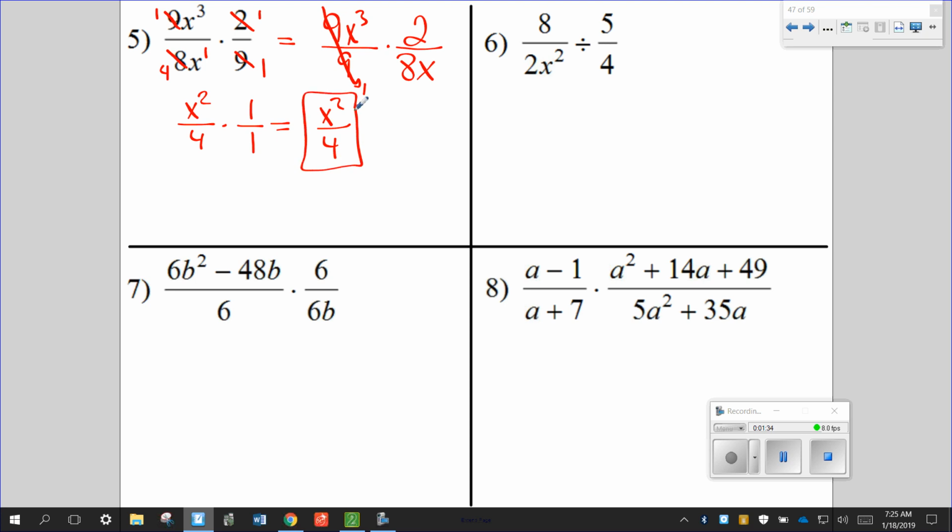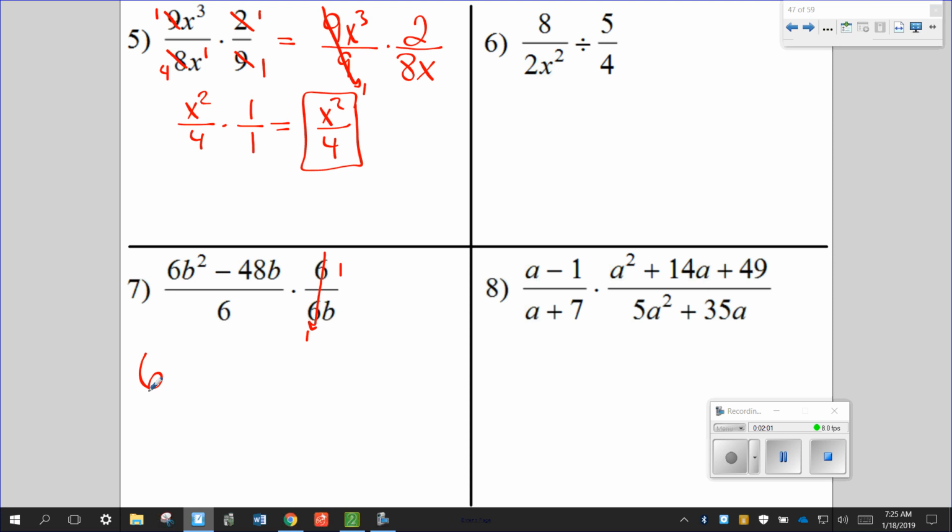Let's move down now to number 7. And right away, there's 6's all over the place. So let's divide this one out. That becomes 1, so we have 1 over b here. And then let's factor a 6 out of the numerator on the left fraction. Is there anything else we can factor out? Factor out a 6. Do they both share something else?